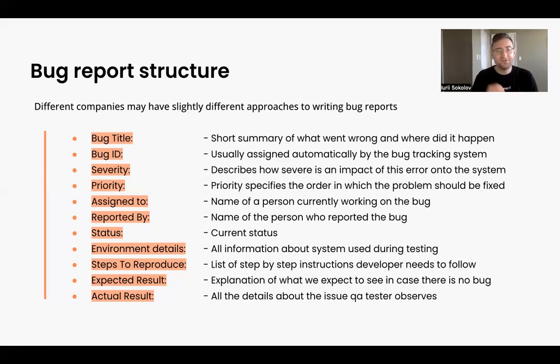Steps to reproduce is basically a list of steps on how you get to that faulty state. Keep in mind, when you create a bug report, don't assume that every employee, every developer knows exactly how the application behaves. Write it so that it will be clear and understood by anyone. Don't just assume they know the application as well as you do.